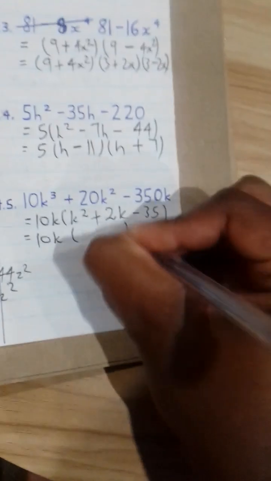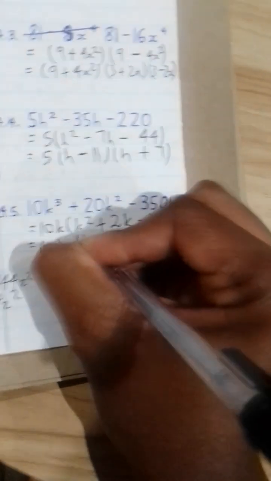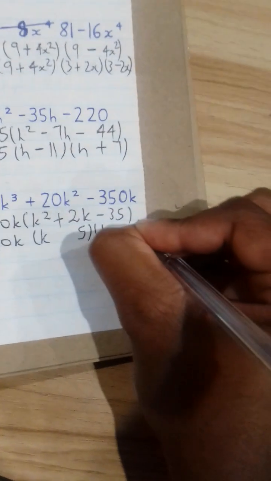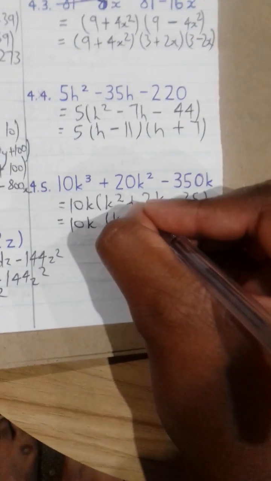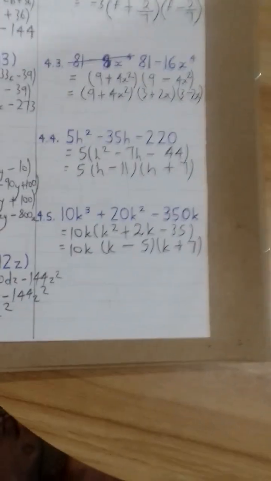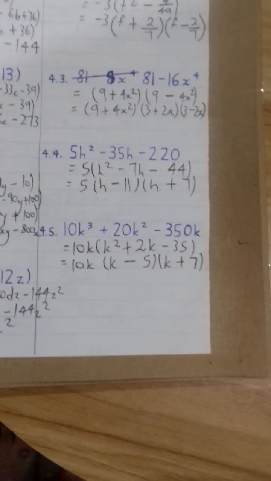So 10k, k, 5, 7. Give the bigger number the sign of the middle term. Positive, 5 is bigger. Negative. Okay, I hope that is clear and I hope that makes sense.